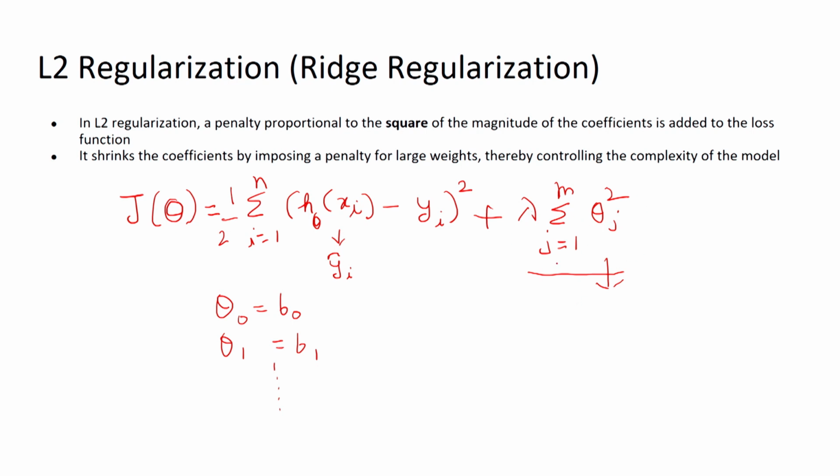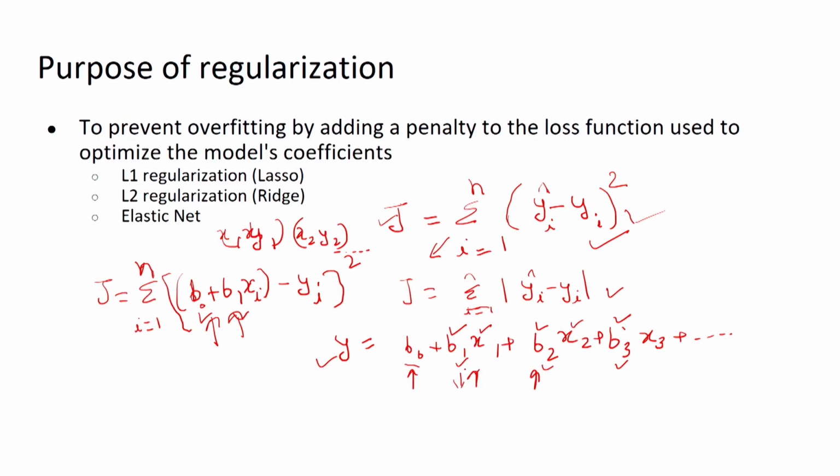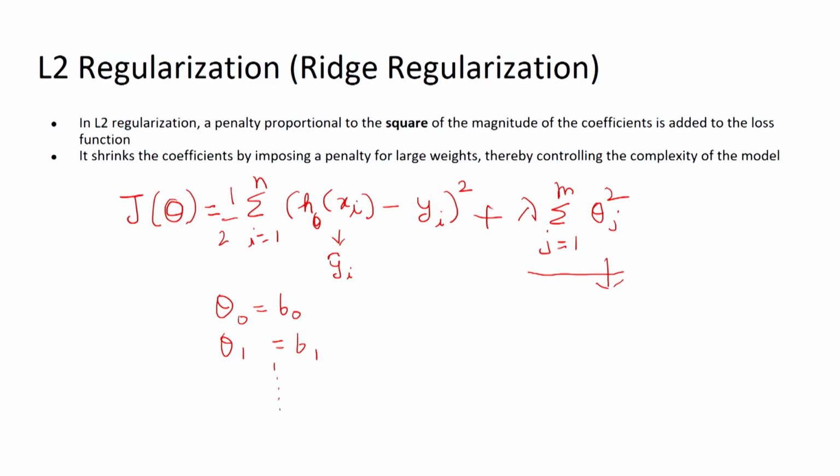In this way we are shrinking these coefficients, theta naught, theta 1, theta 2, and so on, these b naught, b 1, and all these coefficients, and in this way we are trying to reduce overfitting.